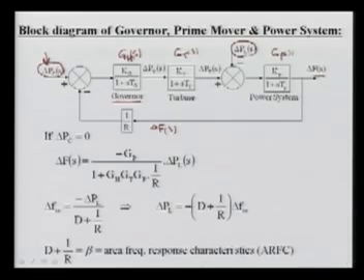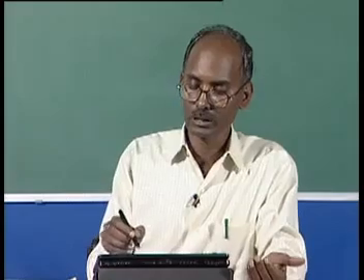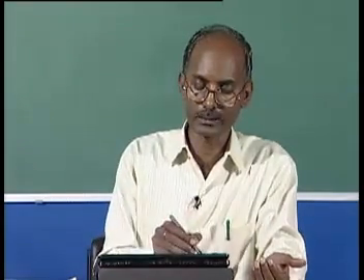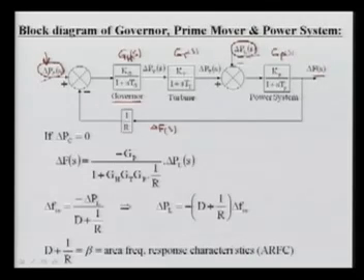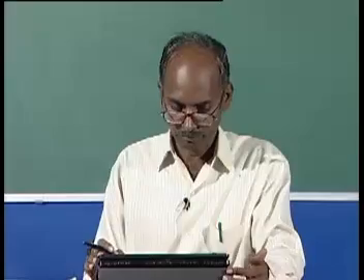If you want to change the output of generators, you have to give a raise or lower command, or your load is changed, meaning you are putting more load or reducing the load, and the frequency is set accordingly. So the frequency is your output, and the disturbance or input is your change in load or change in generation output. So we will see the response by changing your reference setting or by changing the load. We can see how much they are going to change and what will be the change in the frequency.